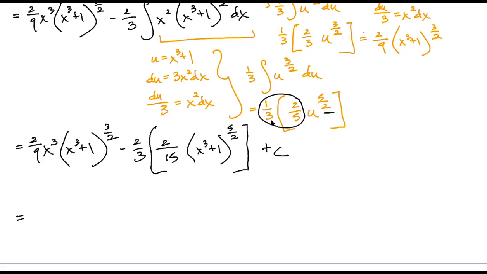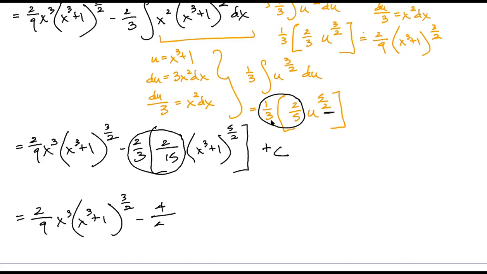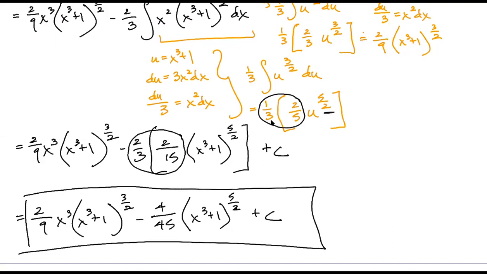So on an exam or a quiz, you could totally leave it like this for the first part, and then maybe just combine those coefficients. You get 4/45. Okay. You really don't need to go any further than that. That's fine.